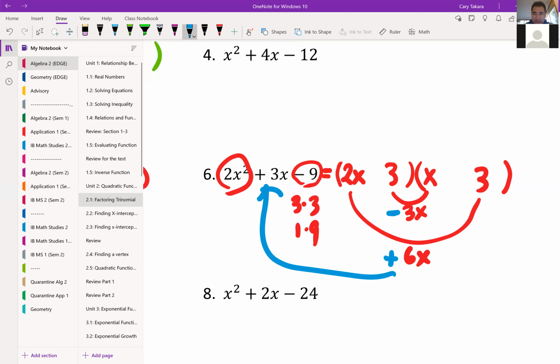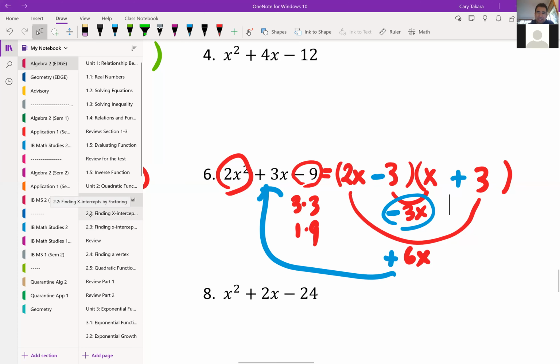That means this 3 needs to be negative, because negative 3 times x will be negative 3x, right? And then 2x times positive 3 will get you positive 6x. All right, so this is what we've done yesterday, right?